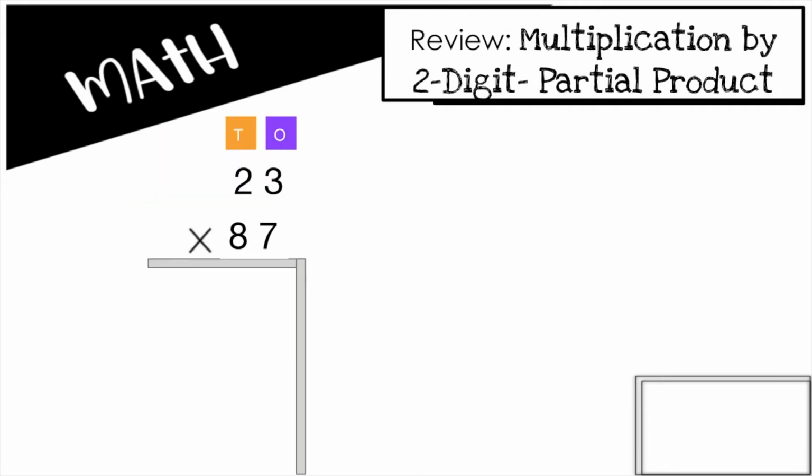Here we go. So we stacked, we have our ones together, and we have our tens. Purple is going to be our ones for this model, and orange is going to be tens, just to help your eyes follow. So our first step with partial product strategy is you're going to start down here with your ones place, which is a 7. 87 has 7 ones, and you are going to multiply with 3 ones.